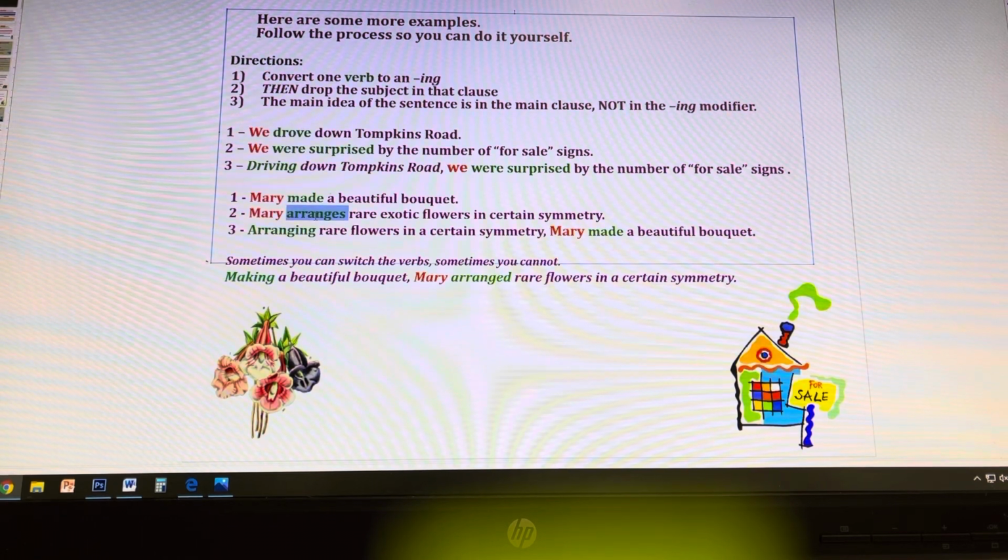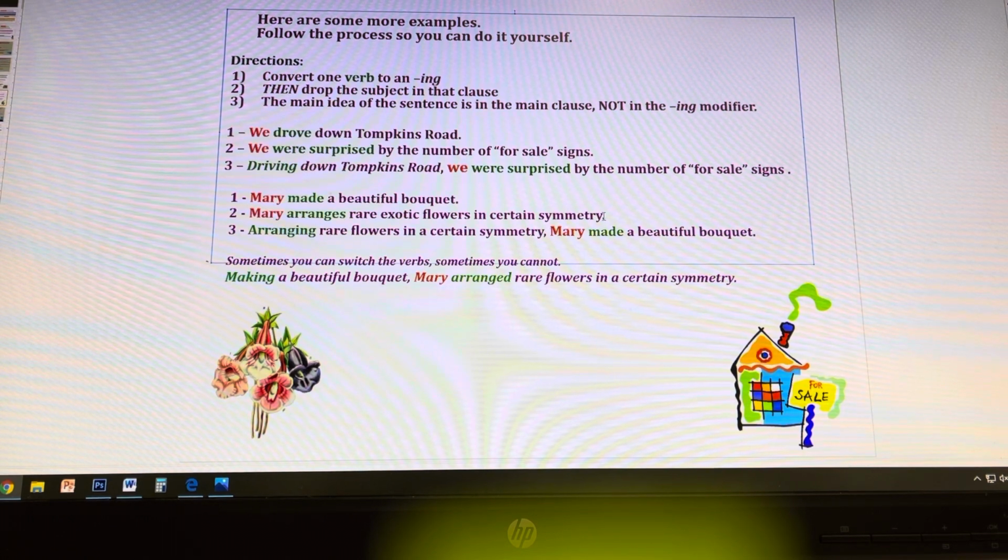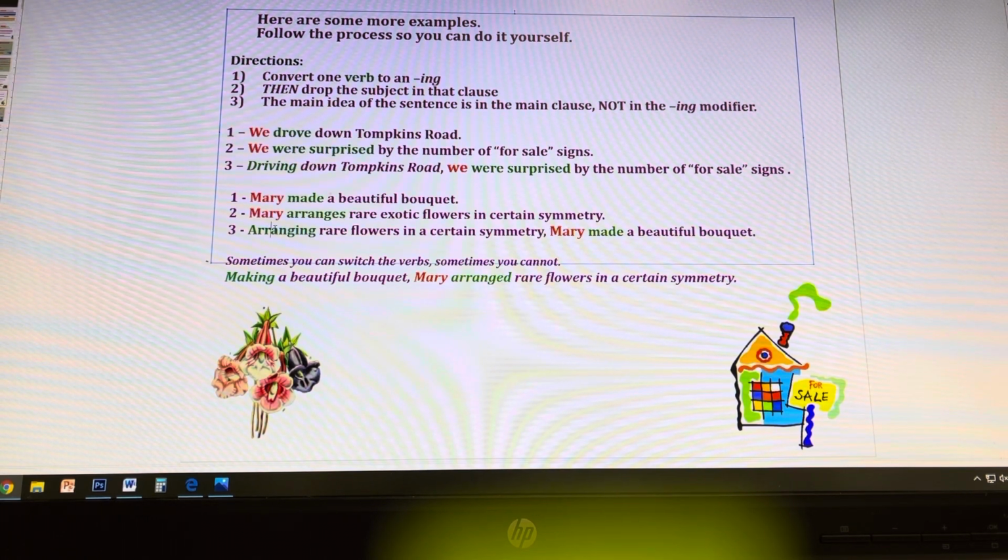I'm going to choose the second one this time and see if it works. Arranging, and we're going to drop Mary. So change arranges to arranging. Arranging rare flowers, I forgot the word exotic, in a certain symmetry, comma.